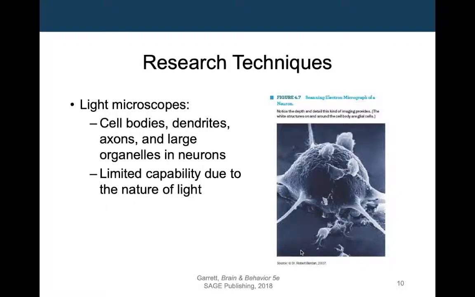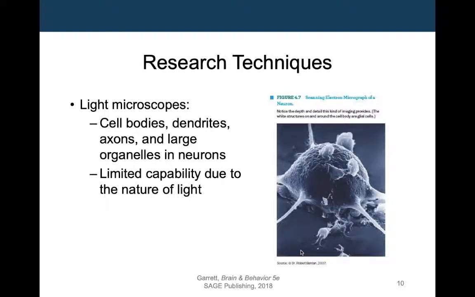Okay, so we started talking about some of the different types of microscopes that may be used when we are examining some of the fine details of the brain and its functioning. Last time we left off talking about the light microscopes, okay? These light microscopes help us to look at cell bodies.